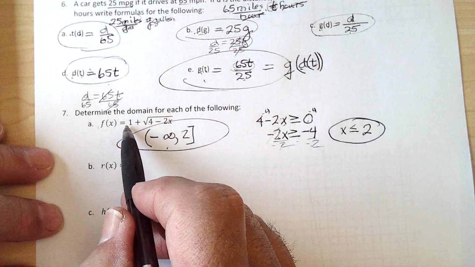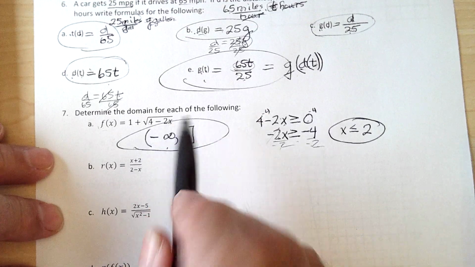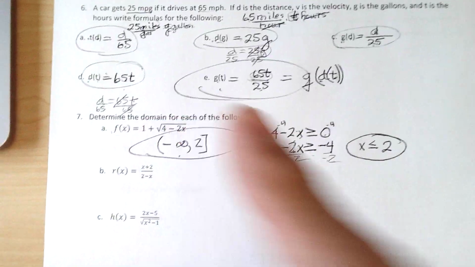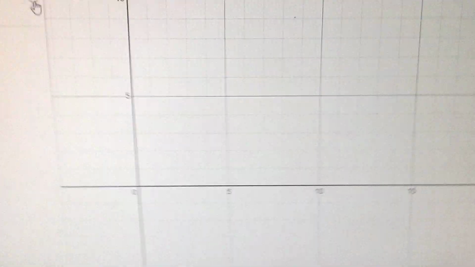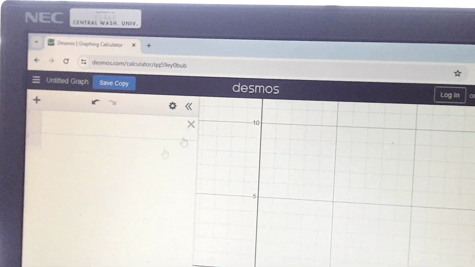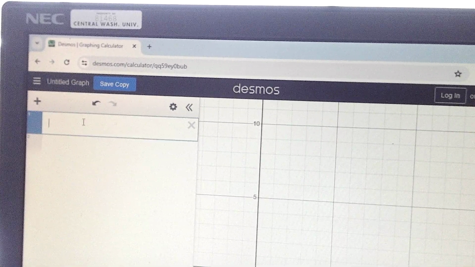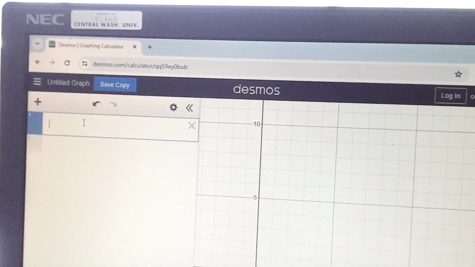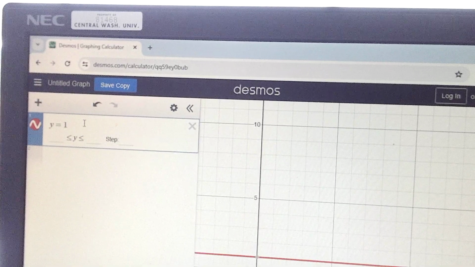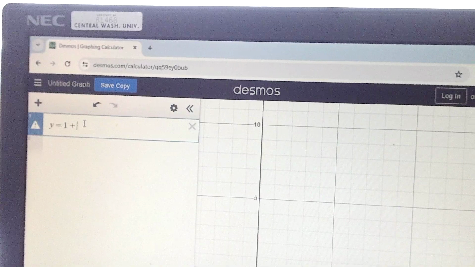And I could have typed this into Desmos. Let me do that for you, because some of you don't see where the square root comes from. So over here, we're going to type in, get up in the right position here, camera. So I want to do y equals 1 plus the square root.